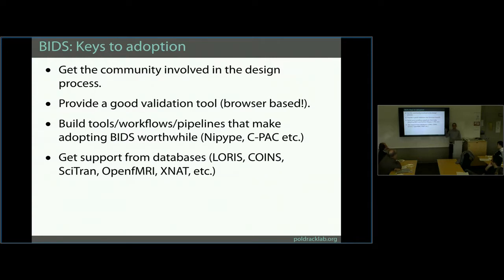They click a button, it looks at their files, and it's pretty quick, usually less than a minute, and tells you these are the things you need to change in order for that to work. This file is named incorrectly, this folder is wrong, and so on. So it helps people, without us having to do anything manual, get their data into this BIDS format.